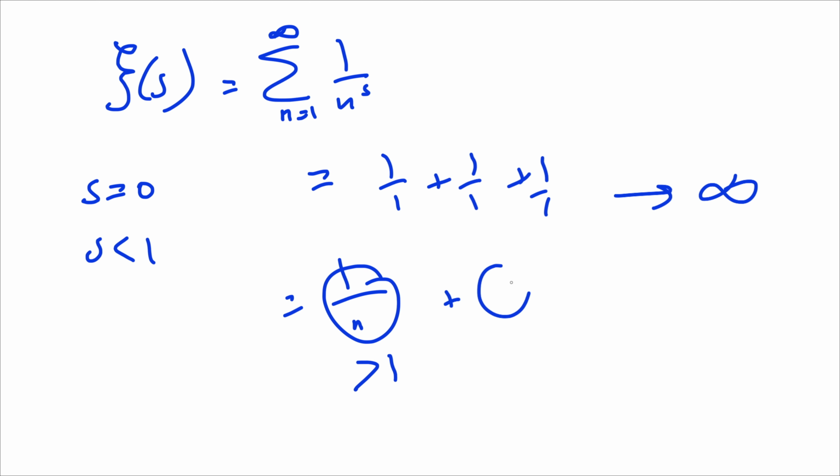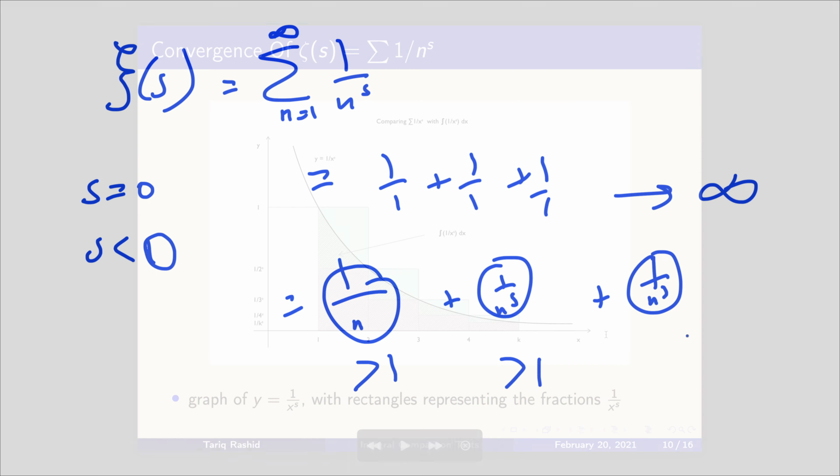Same with the next term. Each term, when s is less than 0, the fraction inverts, and then we have a term which is more than 1, and the same here, 1 over n to the, and so on.